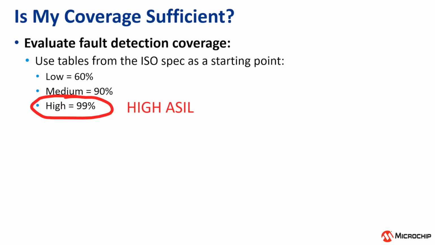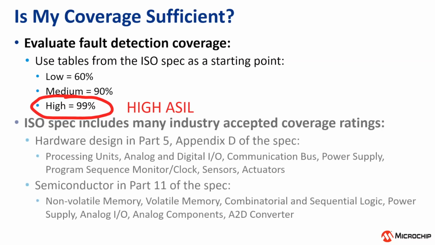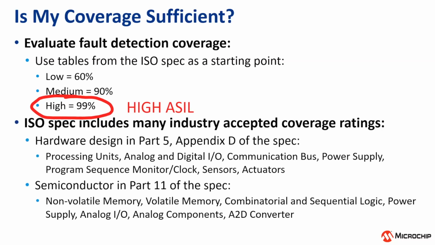In our example, if we're trying to use the CAN network to achieve some sort of high SIL level, we're going to need to ensure that we have diagnostic coverage at this 99% level. So the ISO spec, as I mentioned, includes a lot of information that we can use on diagnostic coverages. In part 5 of the standard, there's an entire appendix D that goes through things like communication bus.